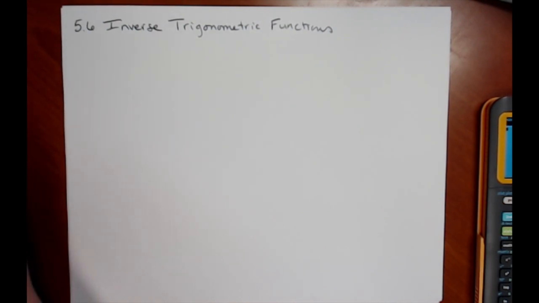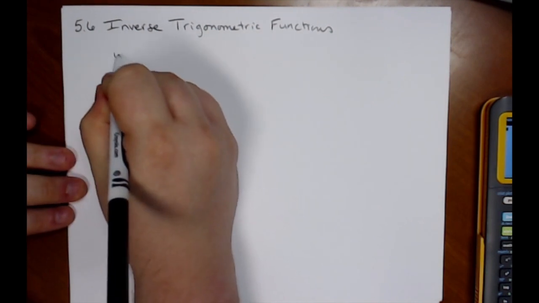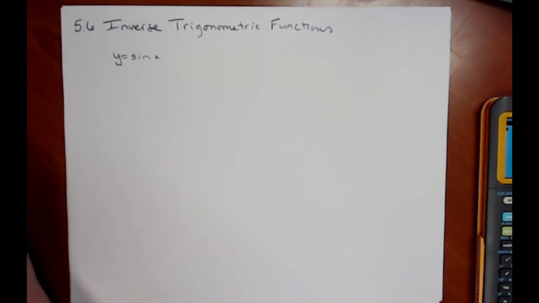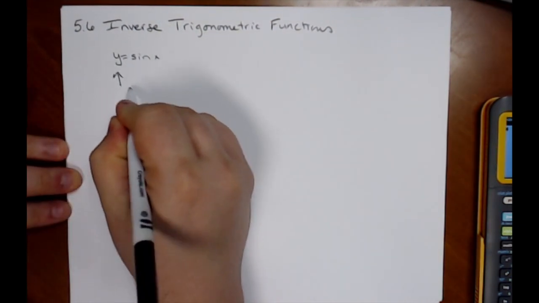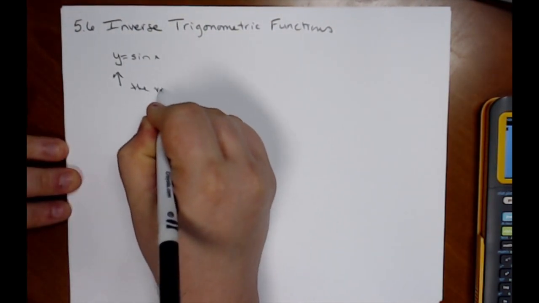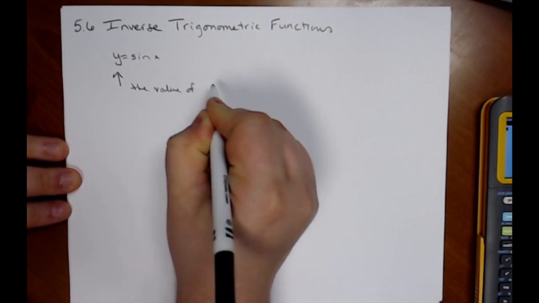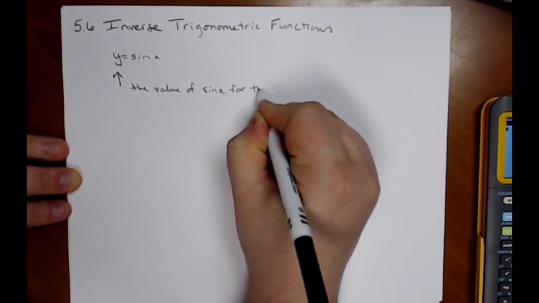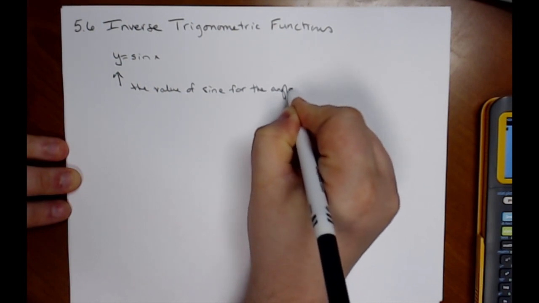And so think about our function y equals sine of x. And what is y then? Y is the value of sine for the angle x.